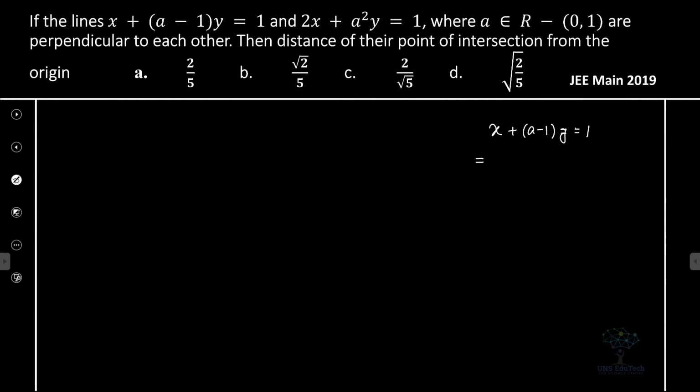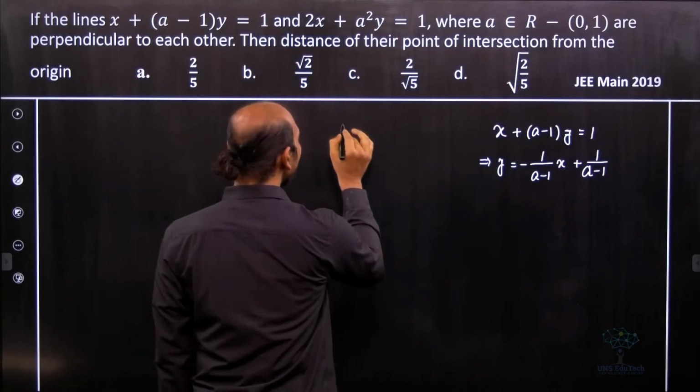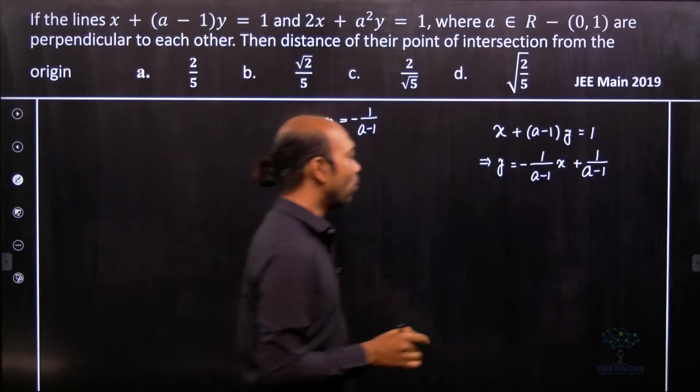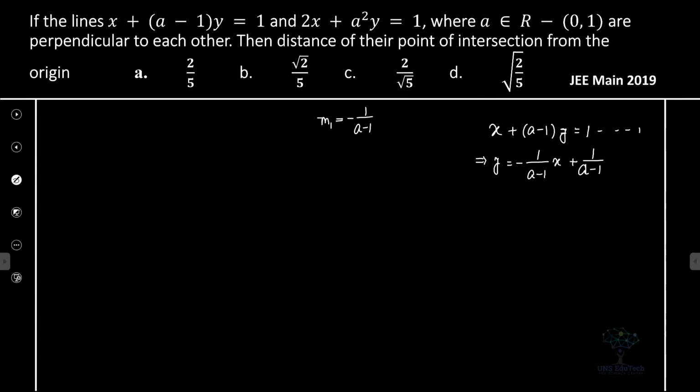This implies that y is equal to minus 1 by (a minus 1) into x plus 1 by (a minus 1). So obviously you can see that in this particular problem, the slope m1 is equal to minus 1 by (a minus 1). So this is the slope of equation number 1.